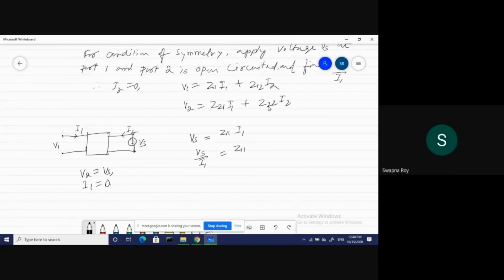Now we are getting the value of Z22. V2 is equal to Vs and I1 is equal to 0.